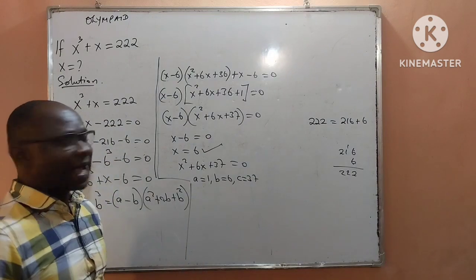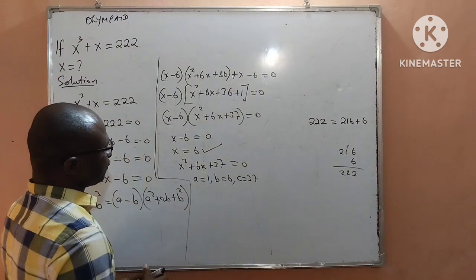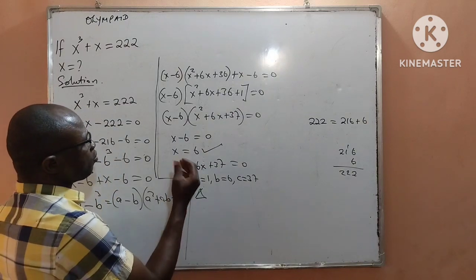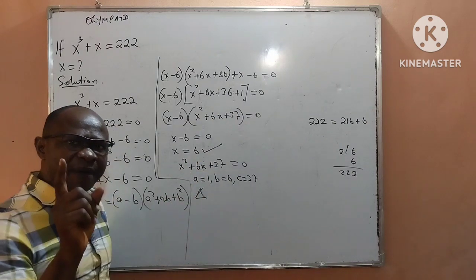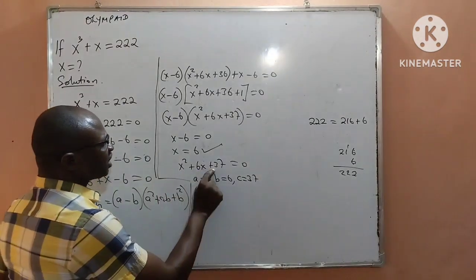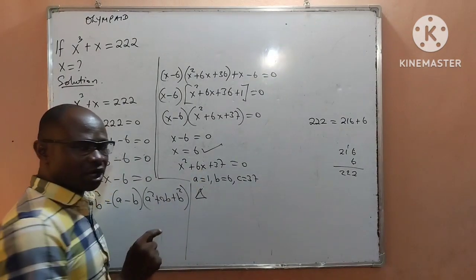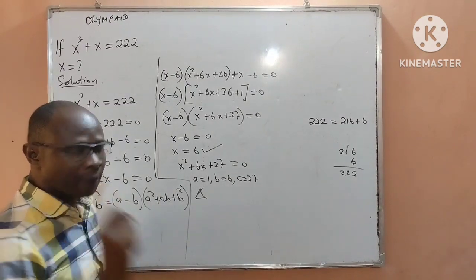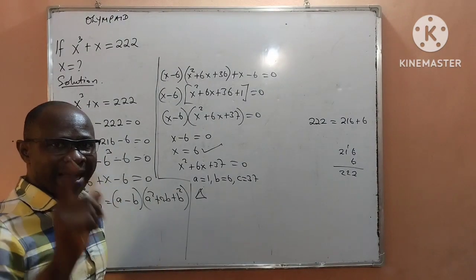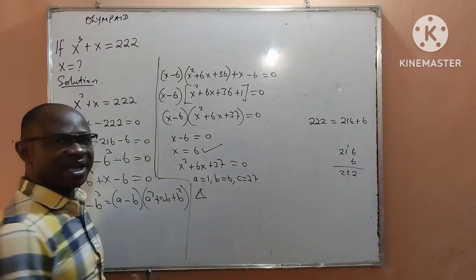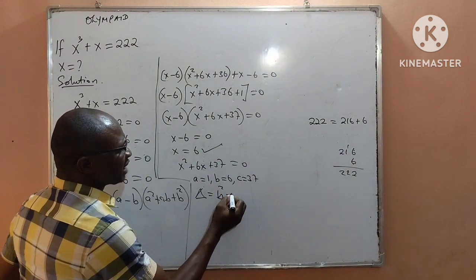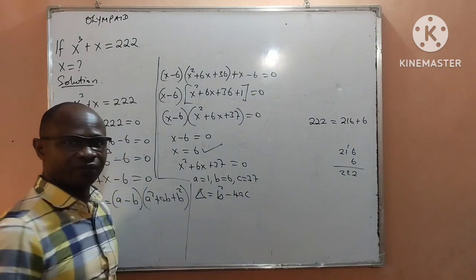Using the idea of delta, I want to find more values of x. But before that, I want to see if this quadratic equation will give us complex roots or real roots. To check that, I use delta, which is equal to b squared minus 4ac.